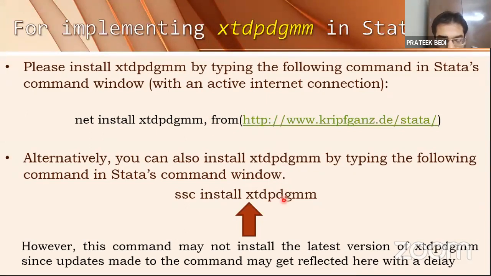Other than that, there is a delayed version. If any changes are made to the command, then they also get incorporated in the SSC directory. But there is a delay in that, so you can in fact use the command mentioned below also, if you're not concerned about the recent changes which have been made to the command. So I hope all of you have installed this command.